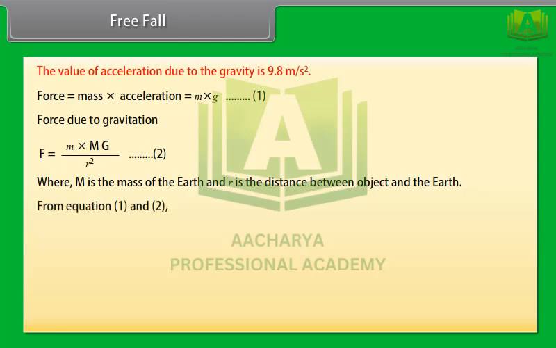From equations 1 and 2, m into g is equal to G M m upon r square. So g is equal to G M upon r square. The value of g is equal to 9.8 meter per second square.